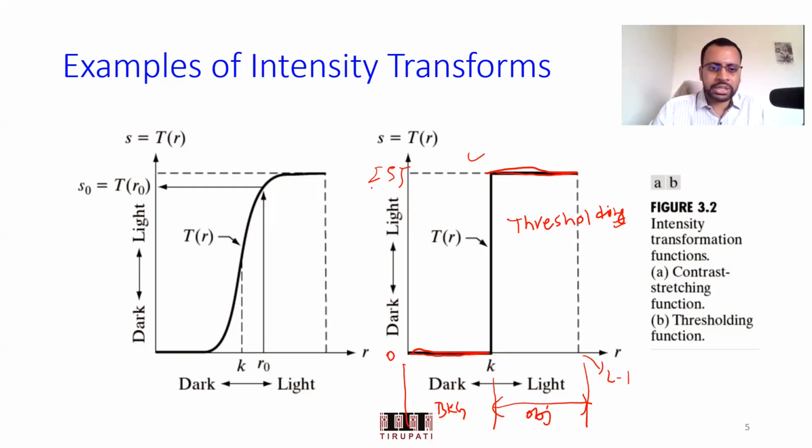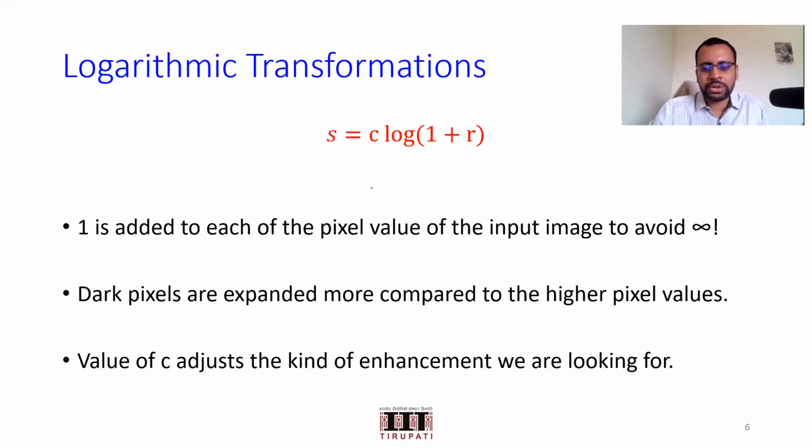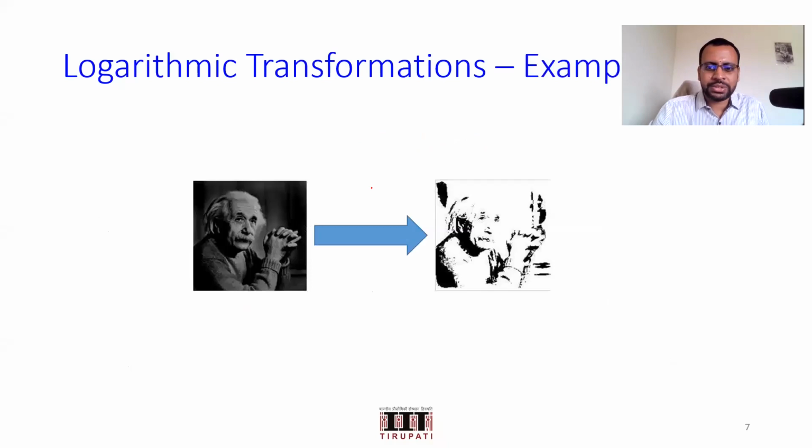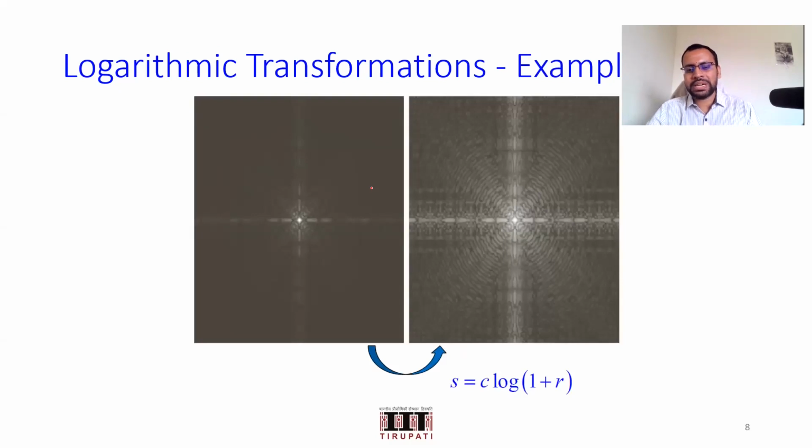Okay, S equal to C times log of 1 plus R. With this logarithmic transform, the Einstein image would become like shown on the right hand side. Maybe this example is not so appealing to you, but I'm sure this example will be appealing to you. I'm sure in your DSP course, you would have plotted the magnitude spectrums.